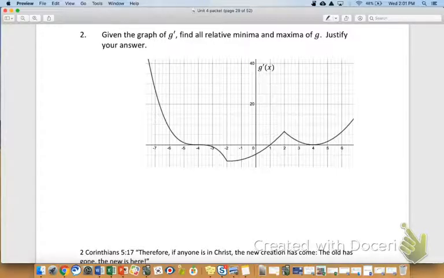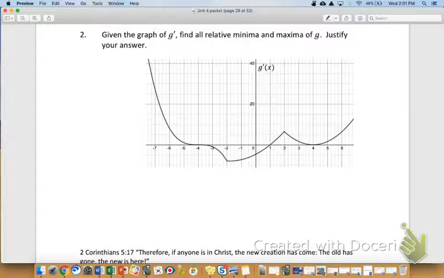Yeah, that is what I got. Endpoints aren't necessarily correct. This is G prime. Critical points for G are where G prime is zero or doesn't exist, right?